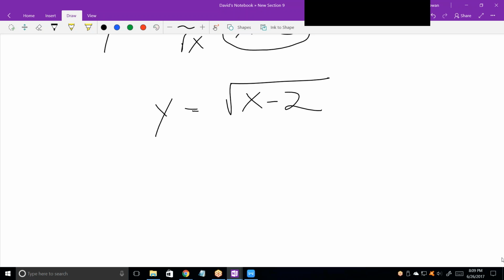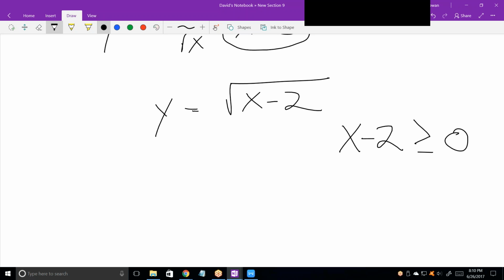What can you say about x minus 2? What has to be the case? Can you take the square root of positive and negative numbers? No. You can only take the square root of positive numbers or 0. So we're going to take what's inside the radical and force it to be greater than or equal to 0. That's what has to be true.